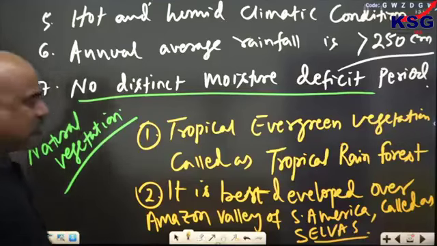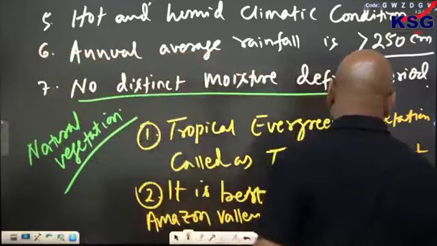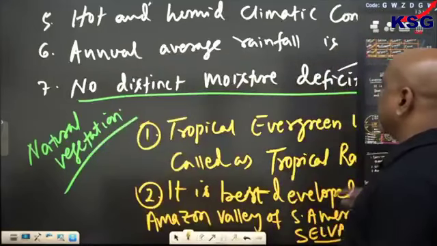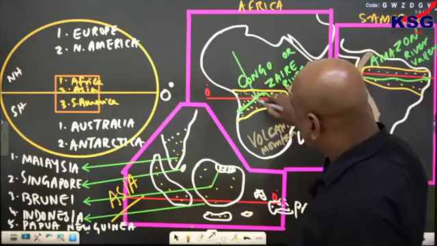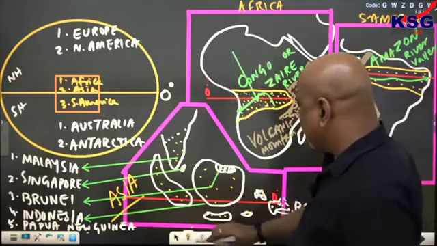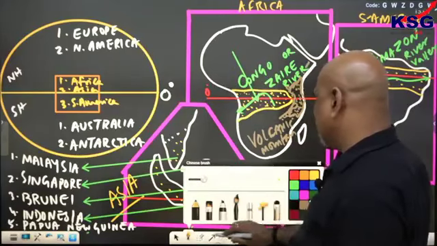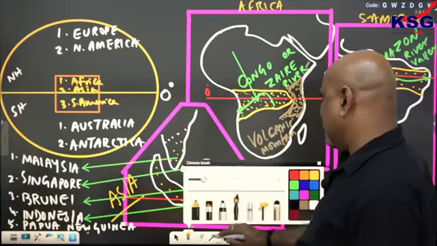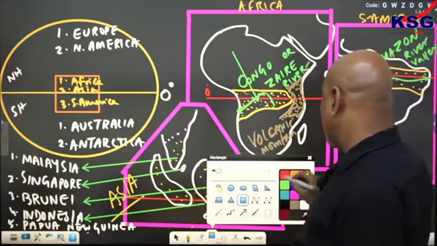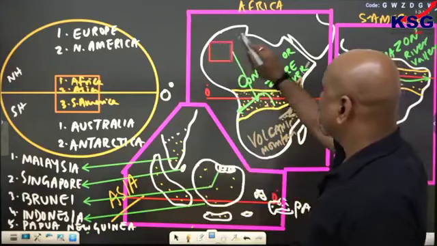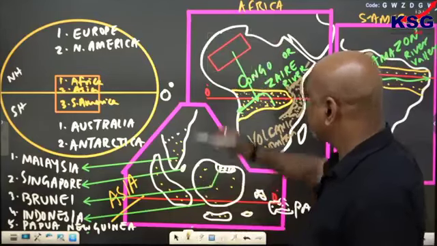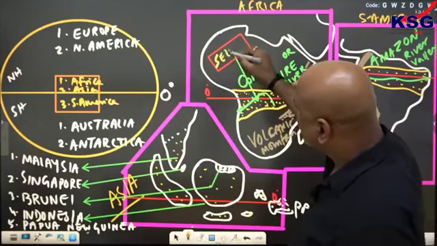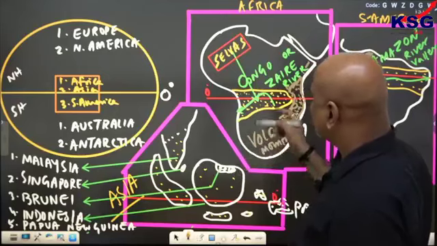साउथ अमेरिकन, मैंने पहले मैपिंग में कराया था ना, this region is also called as the, ये रीजन को क्या कहेंगे, Selvas. ये सेल्वास कहते हैं इसको.